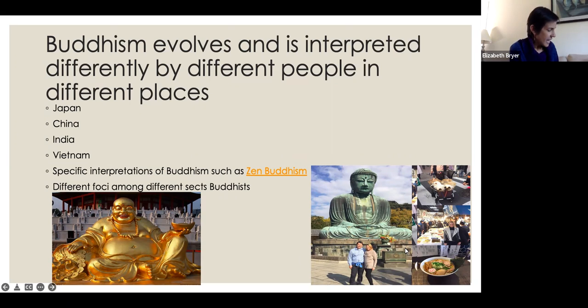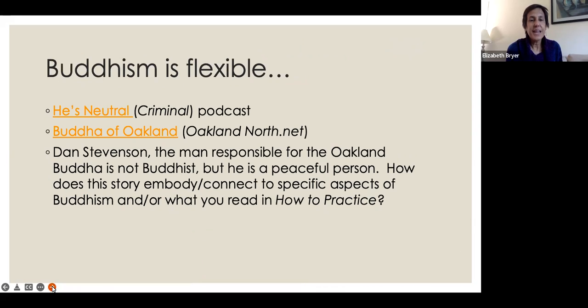I think this Buddha on the right in this slide is outside of Tokyo, the Kamakura Buddha. And then the Buddha on the left is in China. So you can see how differently these Buddhas may look depending on where they're made and displayed.